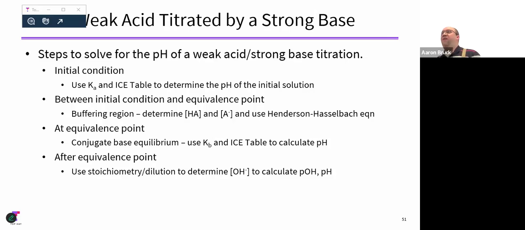So it's modified ice table stoichiometry to figure out the hydroxide concentration, then direct conversion into pOH and pH. Simplest calculation by far out of these four. Although the Henderson-Hasselbalch buffer region would give it a run for its money as well, because the Henderson-Hasselbalch equation is easy to use once we know what the concentrations are.